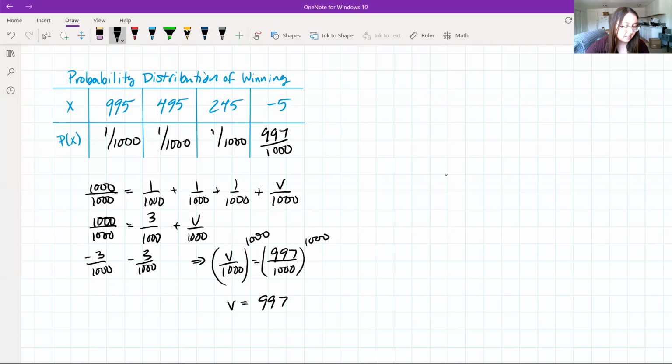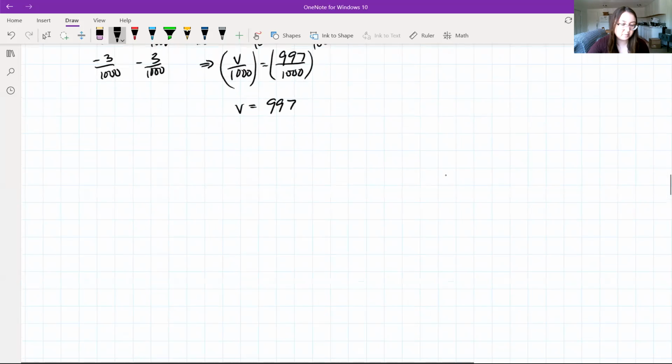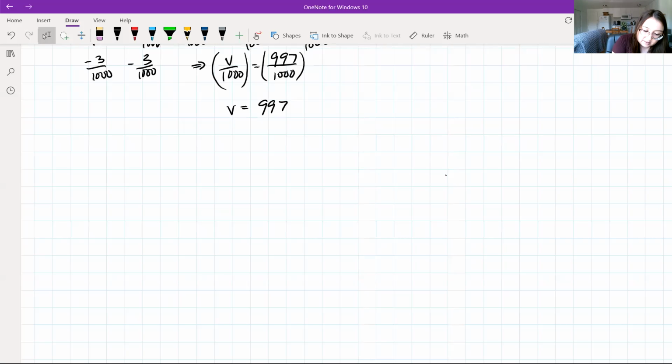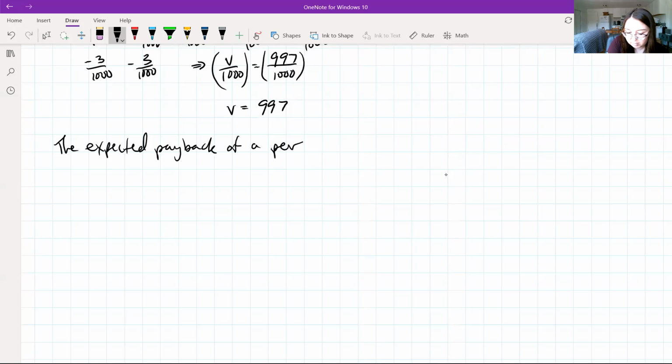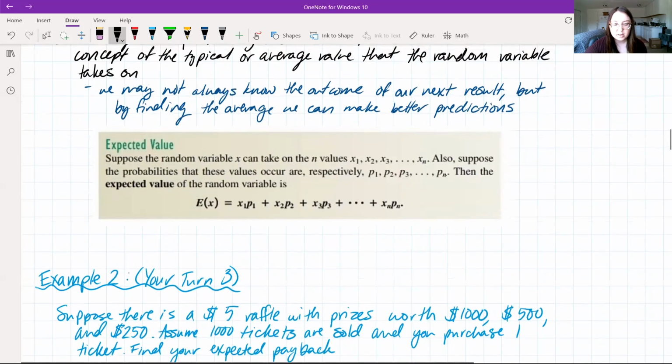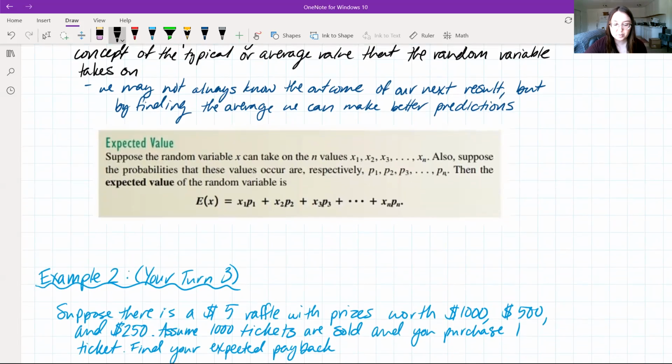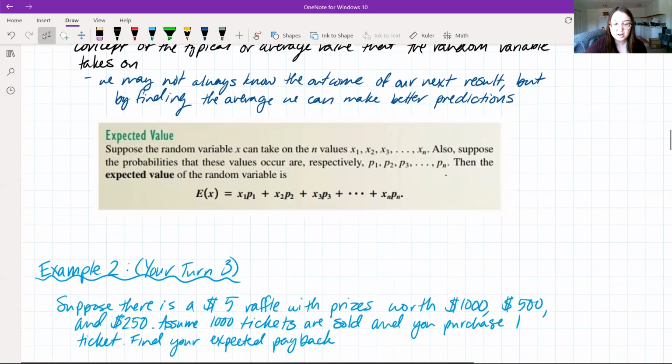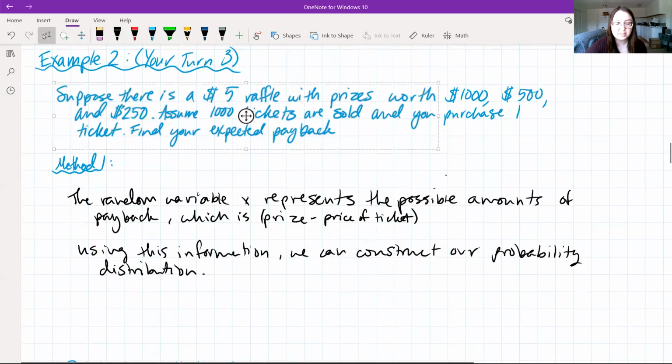And then we can say that the expected payback of a person buying one ticket is, and what we're going to do here is use the definition that we have of expected value, which is our different outcomes multiplied by their probabilities.